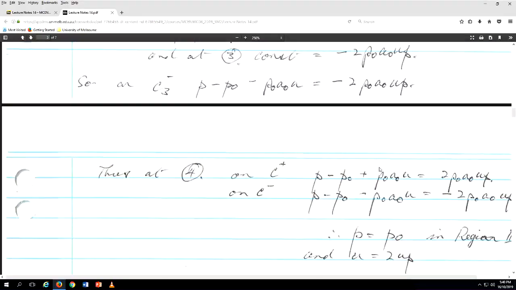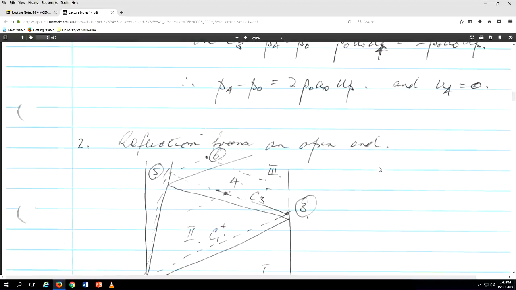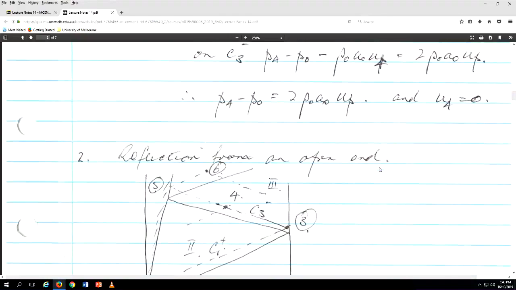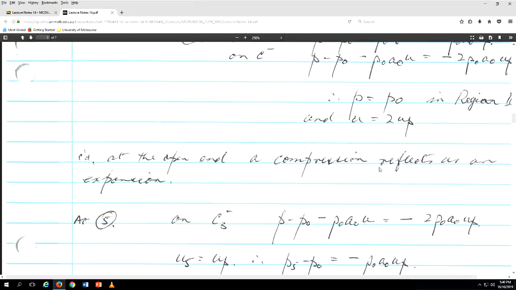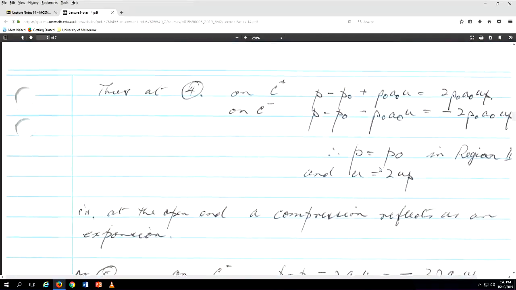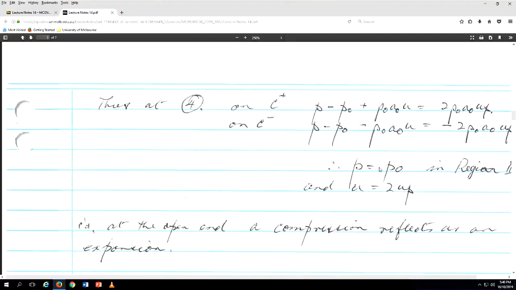So at this point 4, which is the intersection now of a C3 minus and a C1 plus, what happens? At 4, P minus P naught plus rho naught A naught U is 2 rho naught A naught UP, that's the C plus, and on the C minus, P minus P naught minus rho naught A naught U is minus 2 rho naught A naught UP.